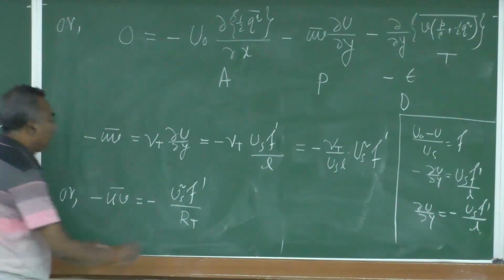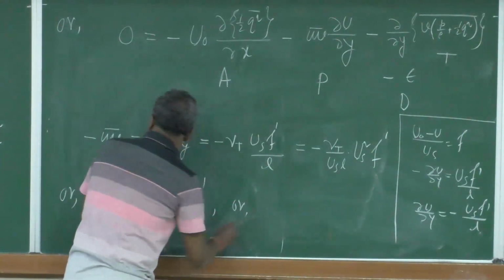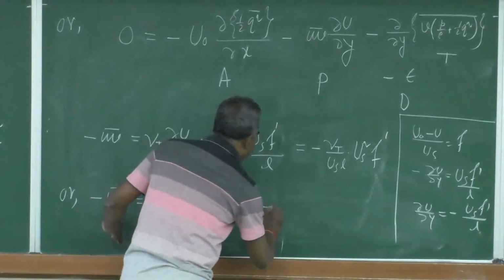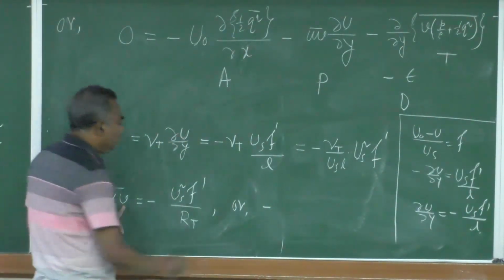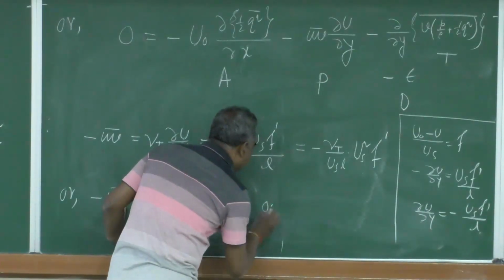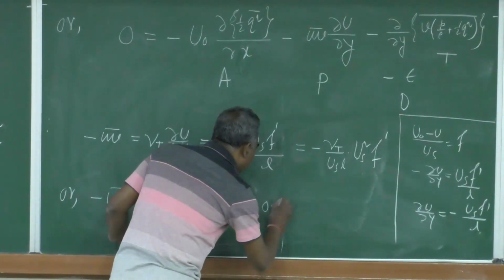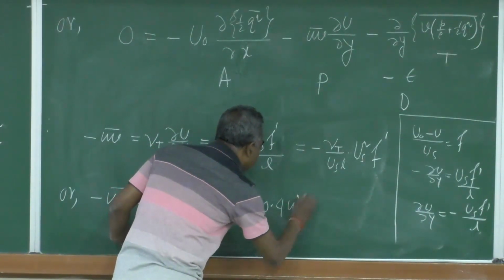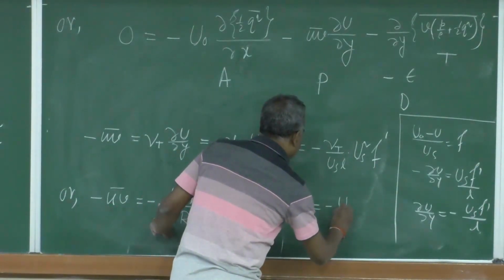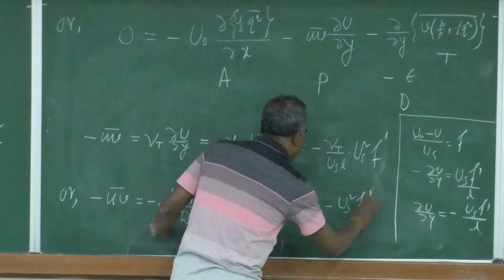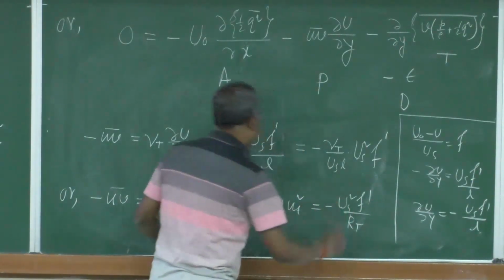Or, as I said, if we consider that minus uv is well correlated with, let us say, j equal to 1, then u t square is equal to minus us square F prime by R t, right.